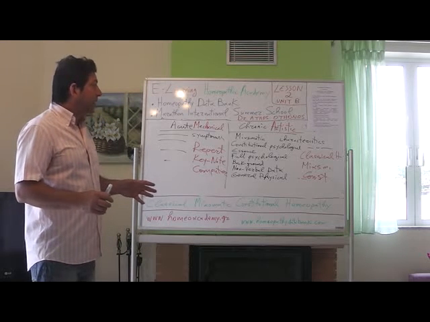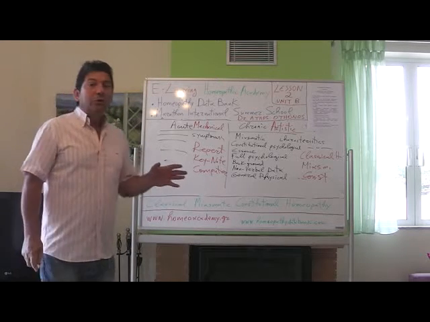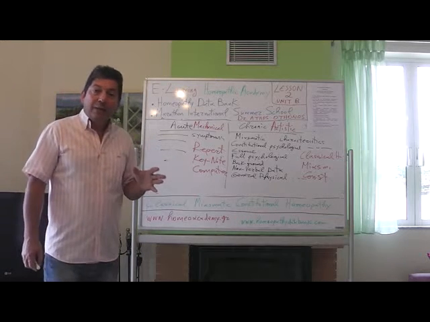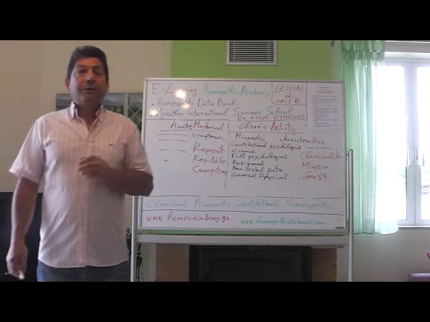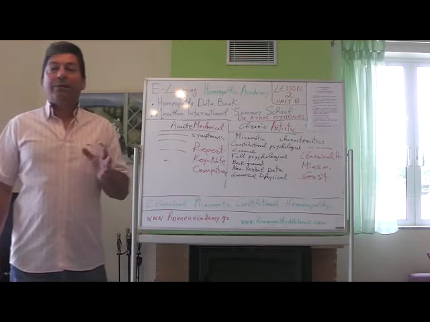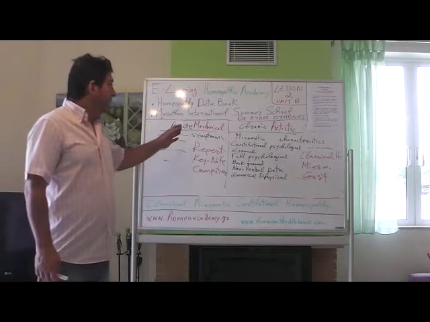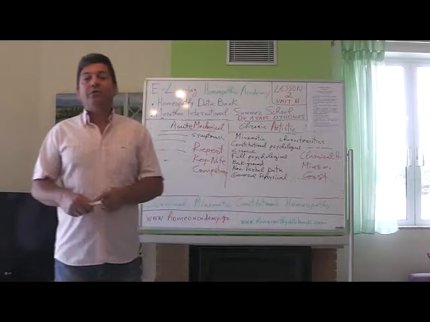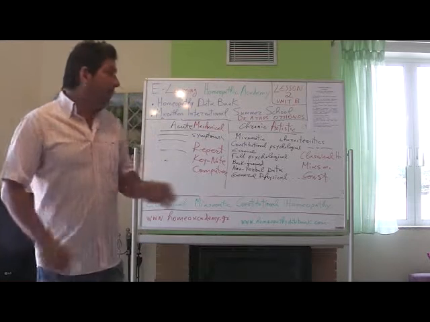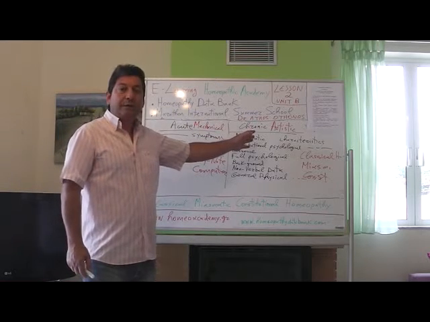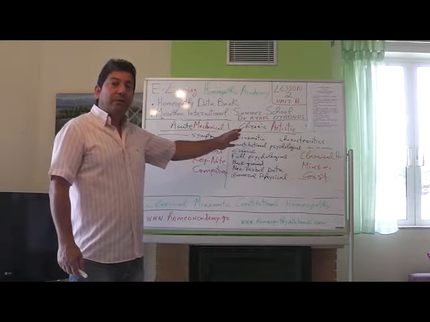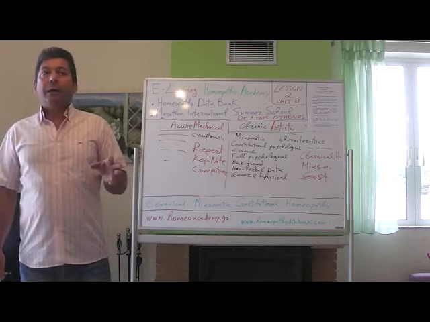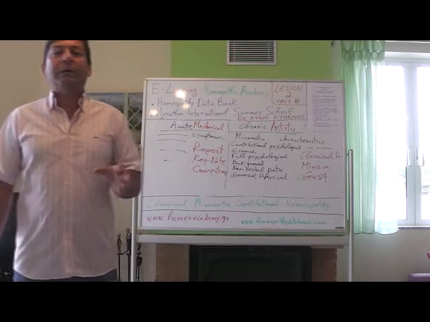So, once again, it is very important to know what is an acute illness and what is a chronic illness, and that there are remedies, constitutional remedies, that are mostly acute and some others that are mostly chronic. The chronic constitutional remedies most of the times have also an acute, are similar also to acute illnesses.